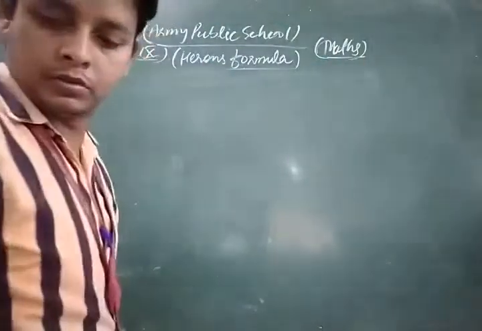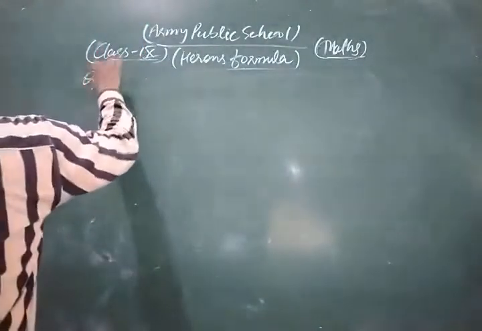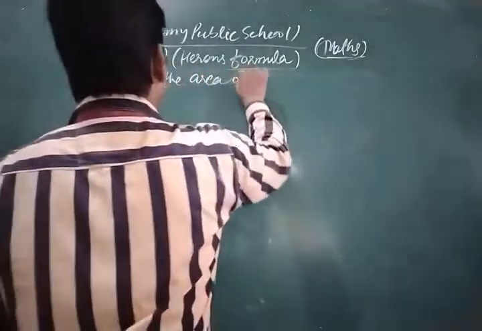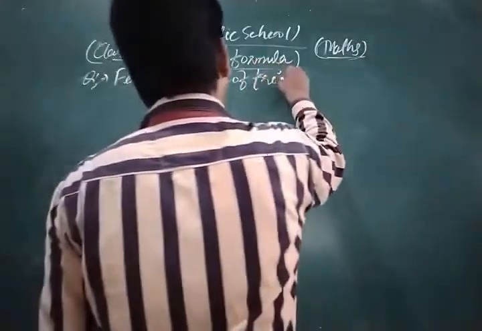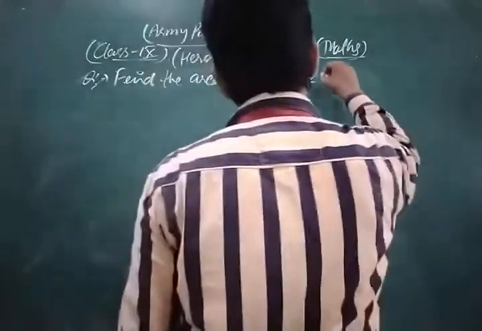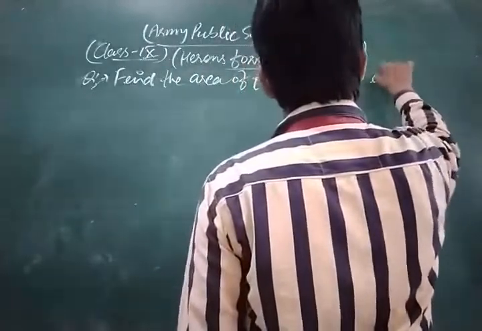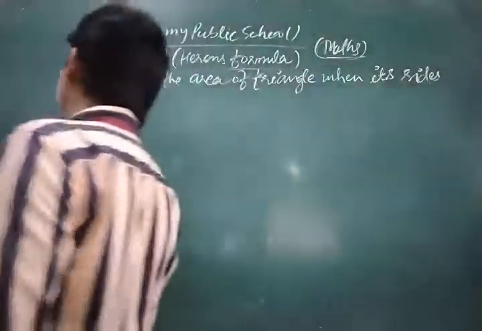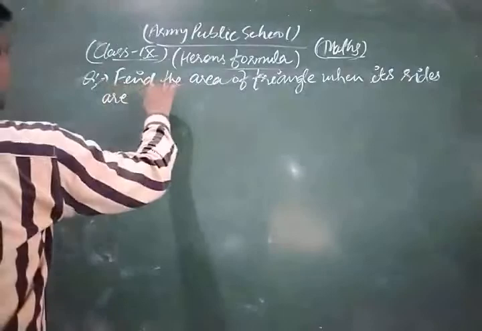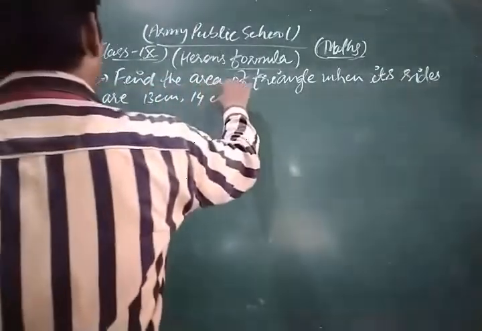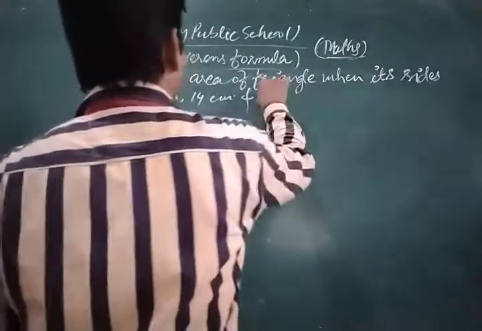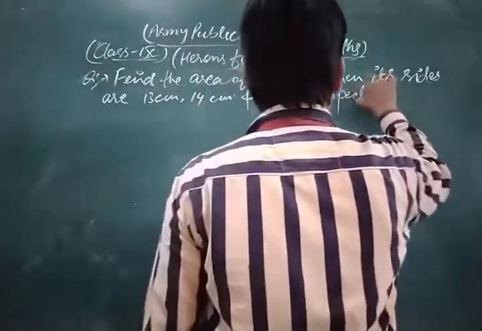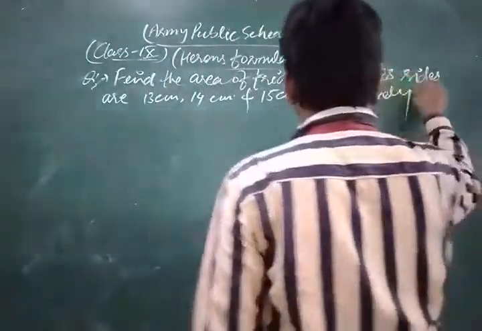Now look, find the area of a triangle when its sides are 13 centimeter, 14 centimeter, and 15 centimeter respectively.